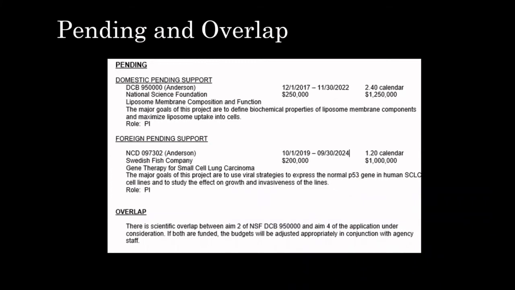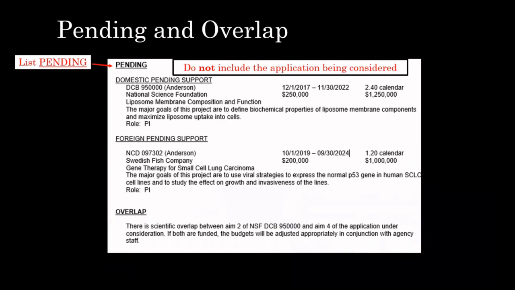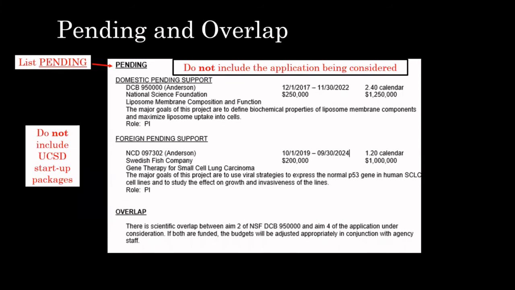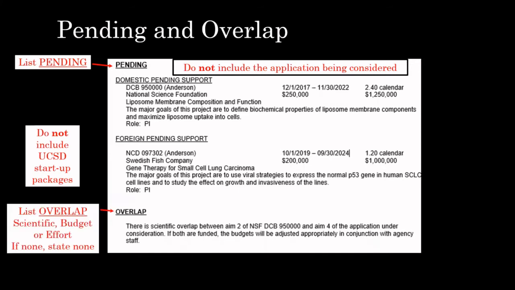Pending and overlap. So we're going to list pending under active grants, so that's going to be the next section down, and do not include the application being considered. Also, do not include UCSD startup packages. And then list if there's any overlap.